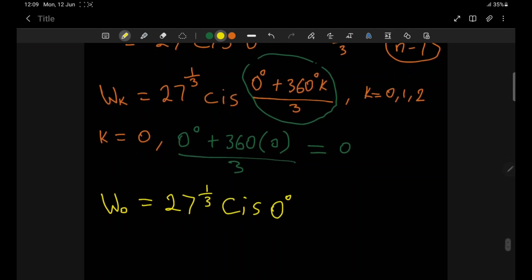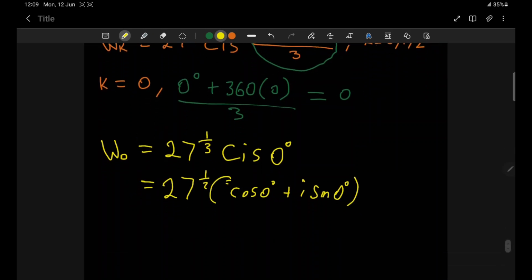Writing it in its full form, 27 to the 1 over 3 times cos 0 degrees plus i sine 0 degrees. The cube root of 27 is 3, then cos 0 is 1, plus sine 0 is 0, so 0i. So our answer here is just 3.